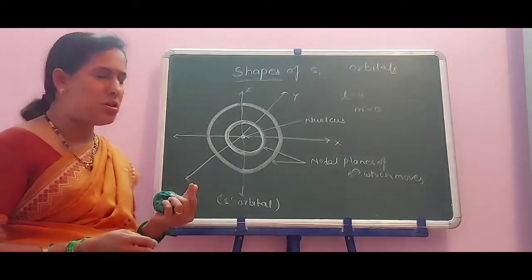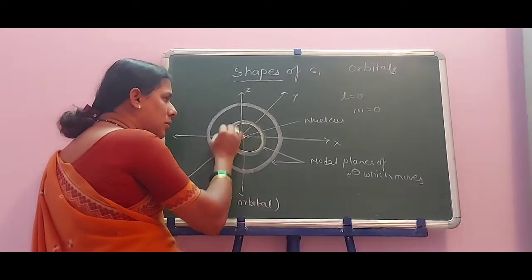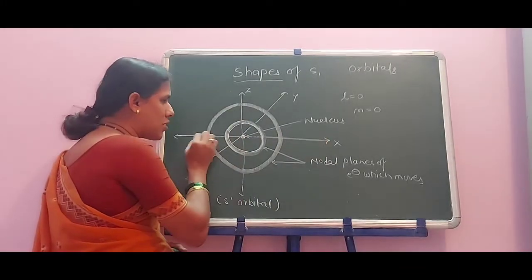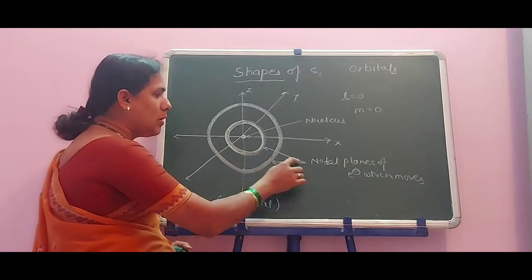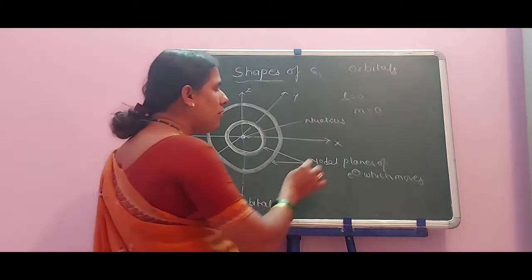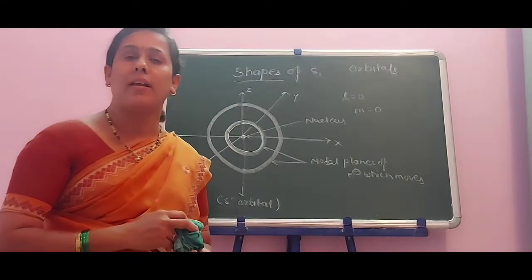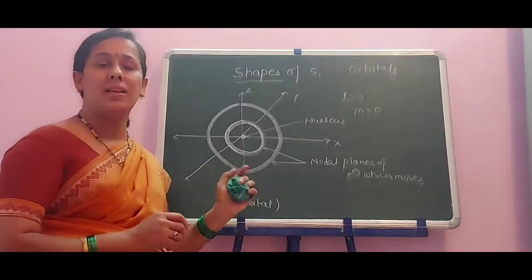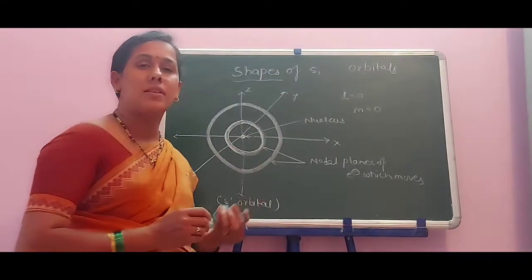As the nucleus is positively charged, finding an electron around the nucleus is the same in all directions: the x direction, y direction and z direction. These are the planes in which the electron can move. Therefore, as l is 0 and m is 0, the probability of finding an electron is the same on all sides, that is, symmetrical.